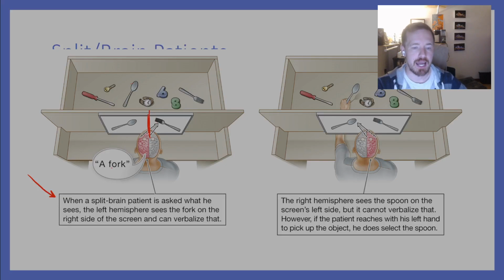But if I ask that individual to reach over and grab what they saw on the screen, he's telling me he saw a fork. He's not telling me he saw a spoon. But when he reaches in to identify the object, he's going to pick up a spoon, because the right hemisphere saw the spoon. And that right hemisphere is controlling his left arm because it's contralateral. You've heard this before: your left brain controls the right side of your body, and your right brain controls the left side of your body.